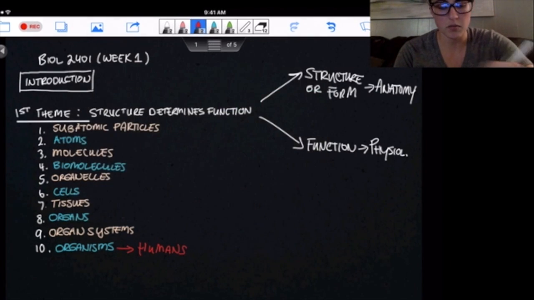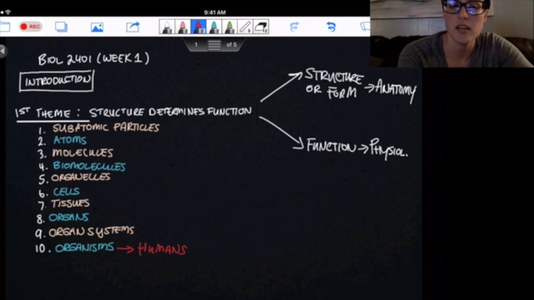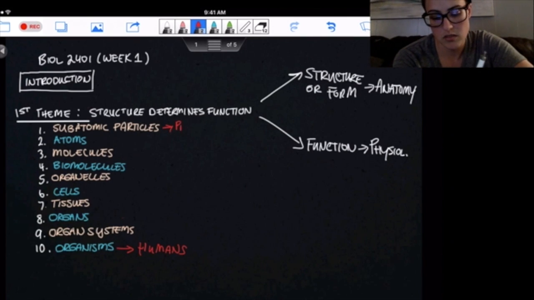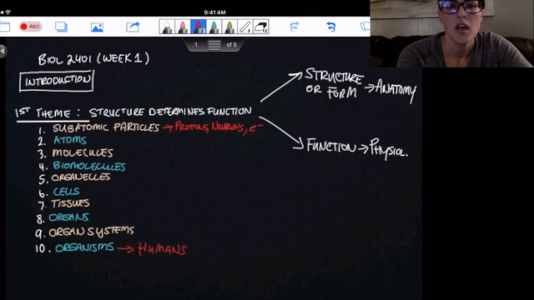What are subatomic particles? So some of you have had chemistry, some of you have not, and that's fine. So subatomic particles are protons, neutrons, and electrons. Now, electrons carry a negative charge, and they're going to work together to form bonds between atoms.